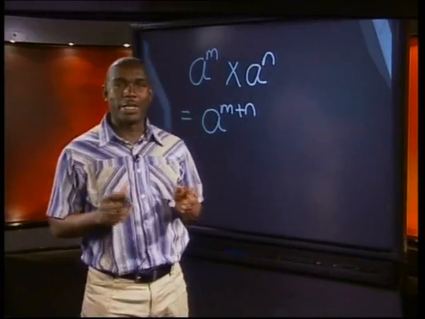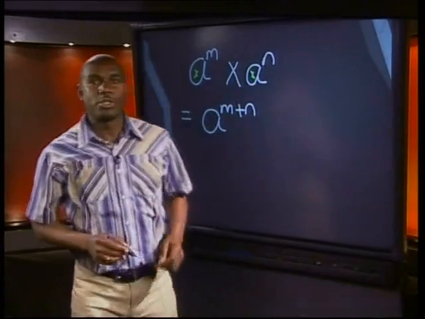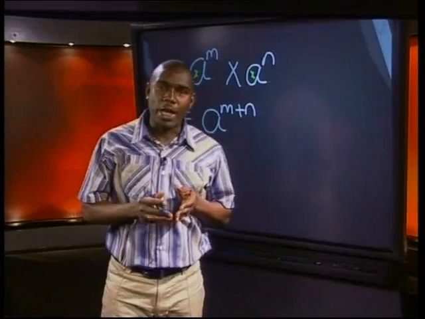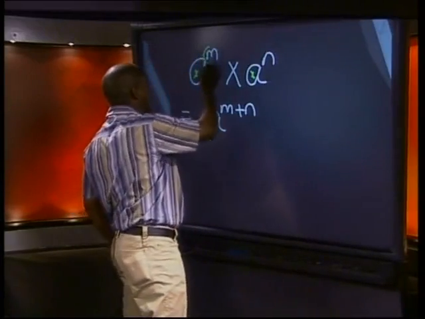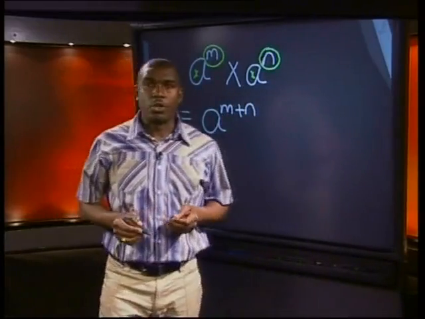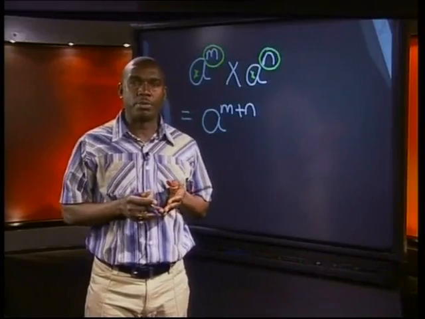We use the letter a here and here to say that the bases of the numbers must be the same. We use m and n to say the exponents can be different, although they don't have to be.